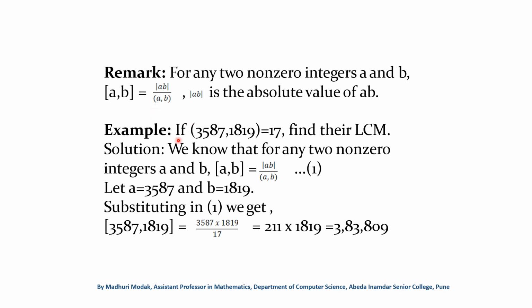Now in this example, GCD of 3587 and 1819 is given as 17, and we have to find their LCM. GCD is given, two integers are also given, and we have to find their LCM. So we are using directly this result that LCM is equal to mod of ab divided by GCD of a, b. Now a in this case is 3587, b is 1819.